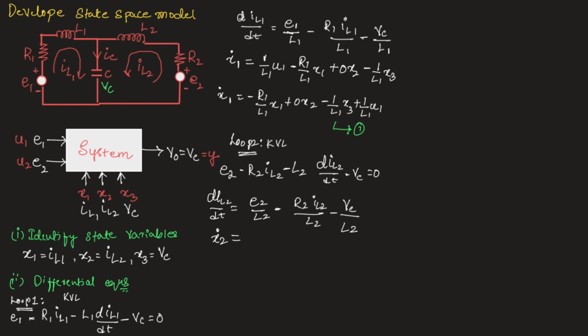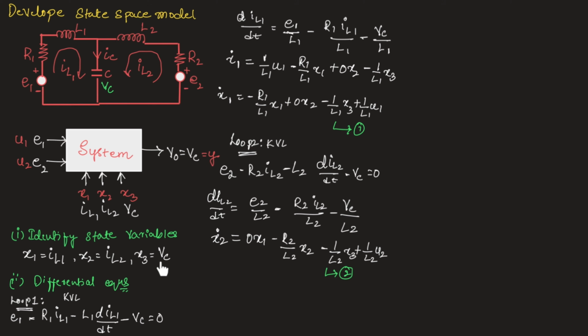So we can write the above equation as, we don't have any x1 term, so we write 0 x1 minus R2 divided by L2 x2 minus 1 by L2 x3 plus 1 by L2 u2. Let us call this equation number 2.